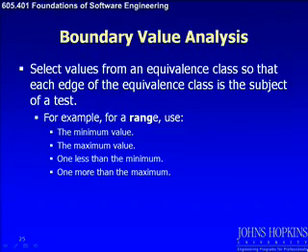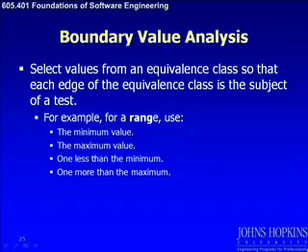Now, they've discovered that programs fail more frequently where the values of variables reach the edge of what they call the boundaries. For example, if the legal values are in a range, like 1 to 100, then the program is not as likely to fail if you choose 50 as if you choose 1 or 2 or 0 or -1 or 99 or 100 or 101.